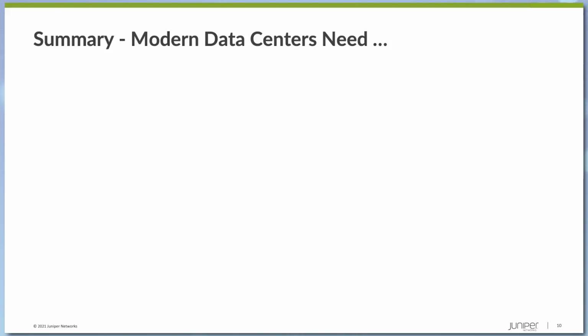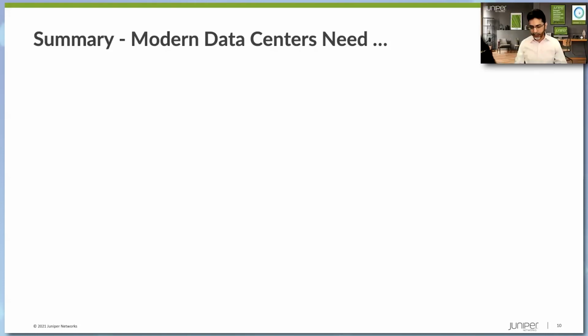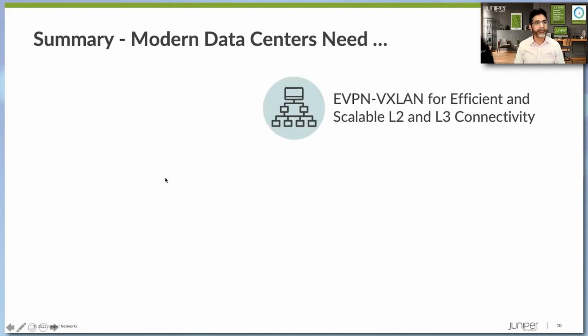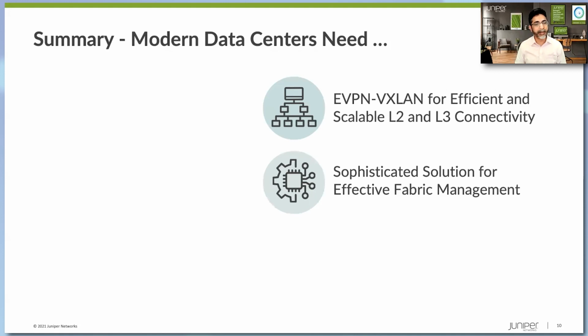Yep. No, sure, Jeff. I think we can certainly open up for questions real quick. I think in summary, for our quick discussion today, we highlighted that EVPN-VXLAN is a technology that offers you efficient and scalable L2 and L3 connectivity. But in order to manage your fabric, you need a sophisticated solution.